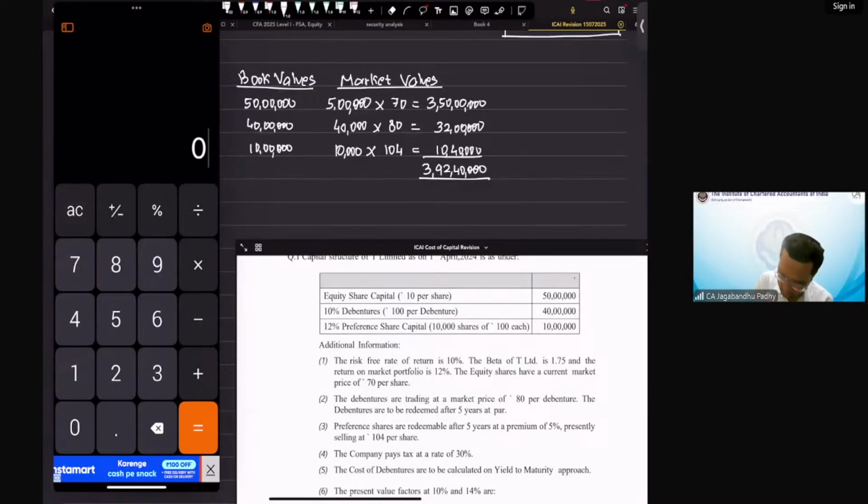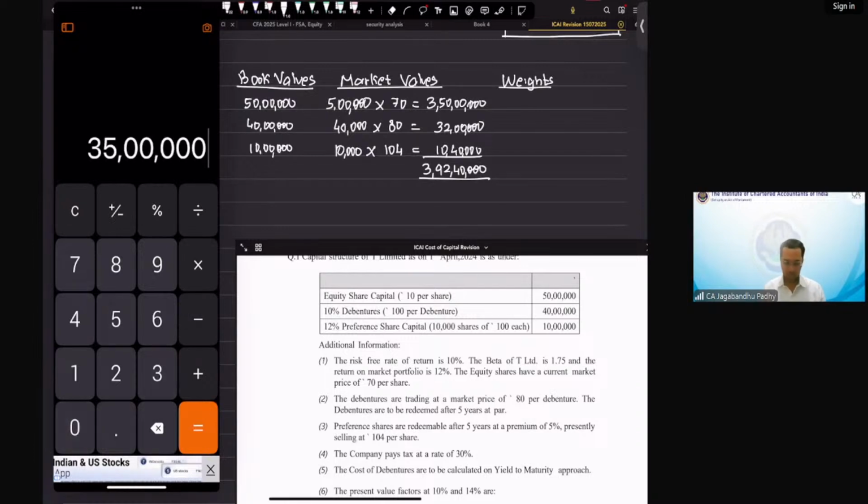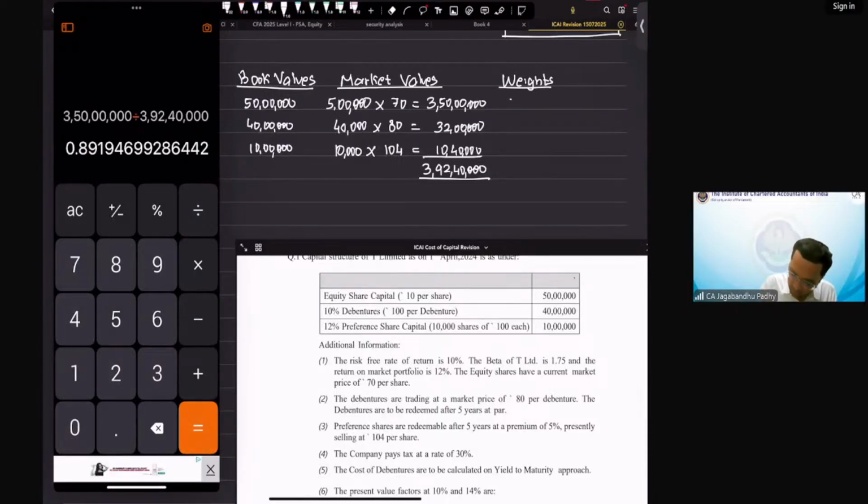These are the market values. Then we calculate the weights, which are obviously going to be on the basis of the market values. That's 3 crore 50 lakhs divided by 3 crore 92 lakh 40,000. Weightage is 0.8919.